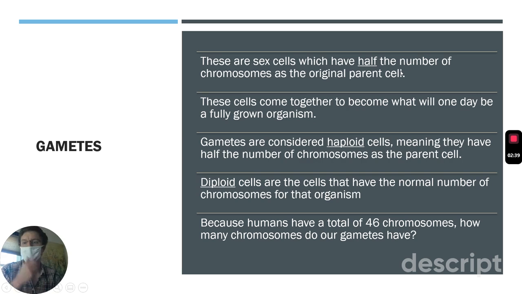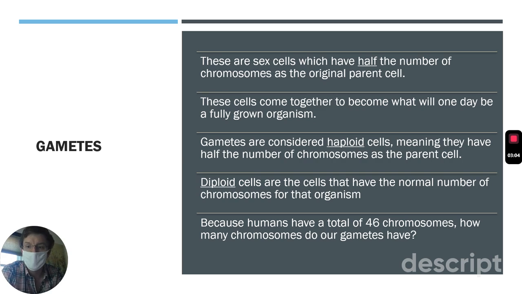So gametes, these are sex cells which have half the number of chromosomes as the original parent cell. So for example, in the average human, if everything goes correctly, you, me, most people you know, have 46 total chromosomes. 23 from your mom and 23 from your dad. Okay, that's how it is. That's how it's always been since humans were made distinct as a species.